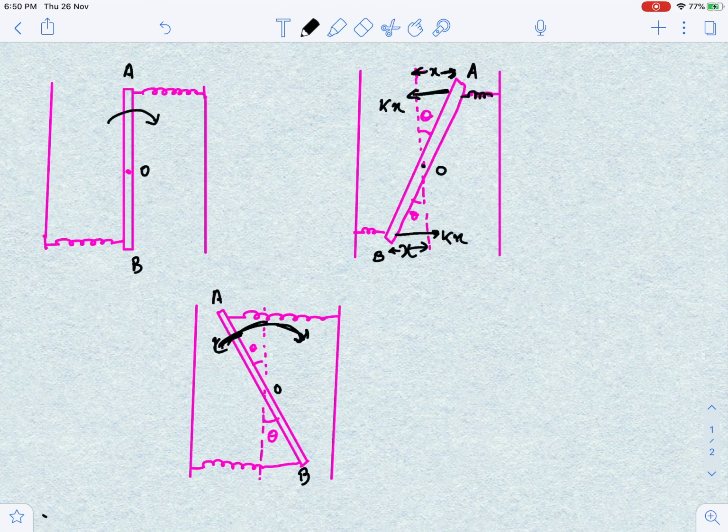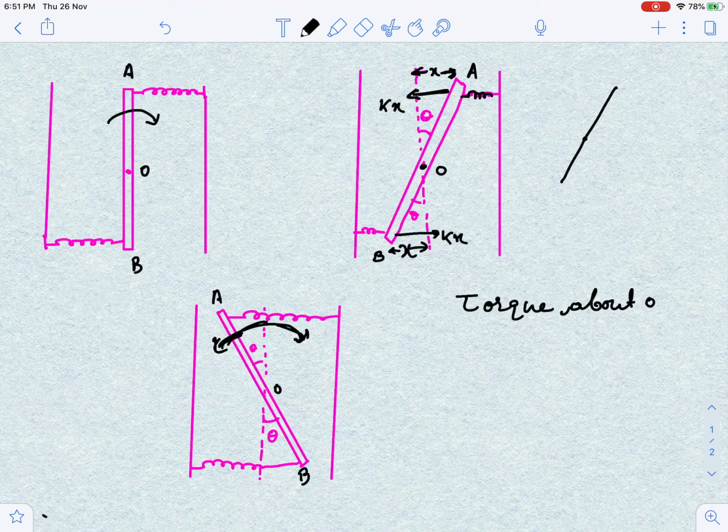So guys, first of all, if spring force kx is acting on the system, one clue I want to give you is that you have to calculate torque. So I'm calculating torque about O. Let me make the simple diagram again.